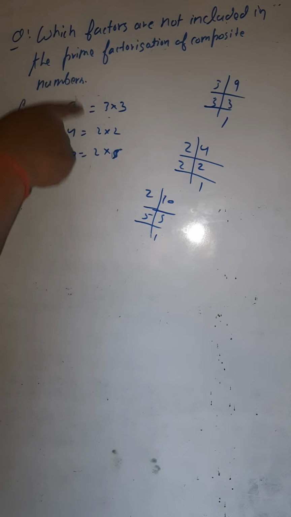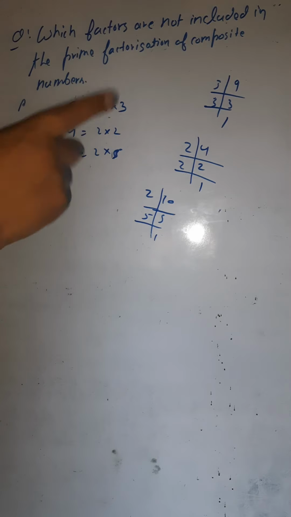Not included in the prime factorization of the composite number means the number itself and 1 are not included in the prime factorization of the composite number.